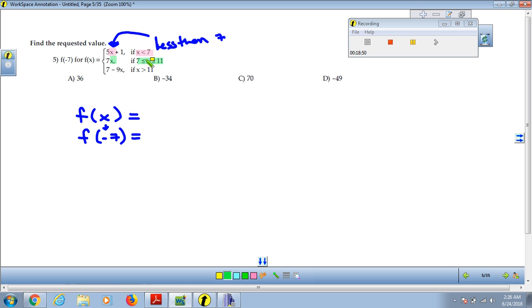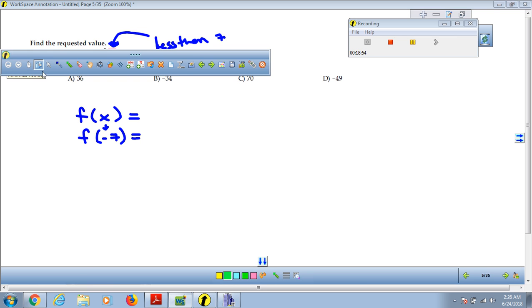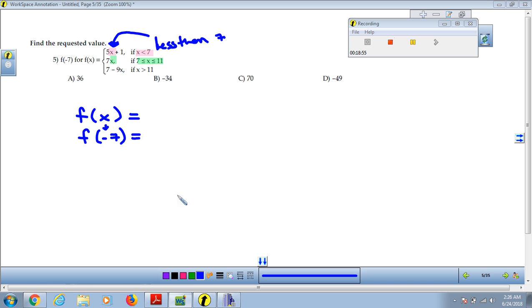Only if the x's are between 7 and 11, then you're going to be able to substitute them there. So between 7 and 11. That's the kind of x's you're going to be able to put into this function.